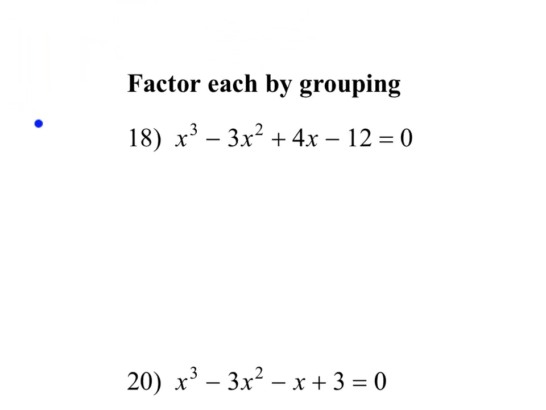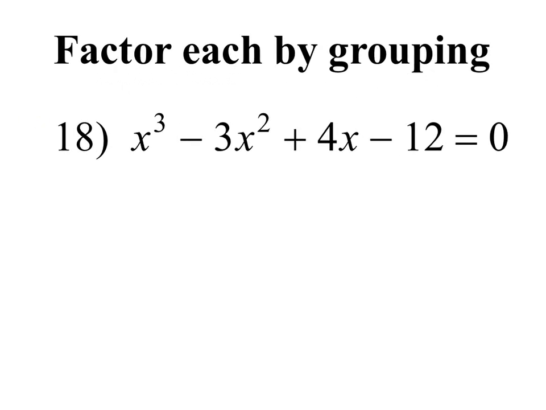Factor by grouping. So to factor by grouping, we start by grouping the first two terms and then the second two terms. So we have our first two and our second two. What do we have in common in our first two terms? Awesome, x to the second power.